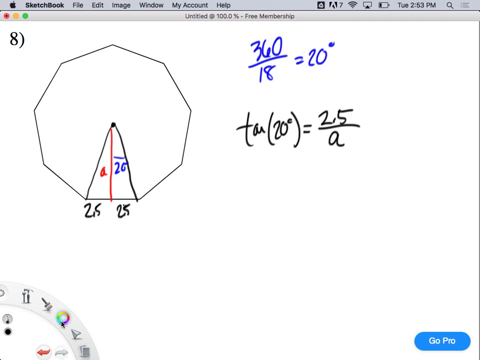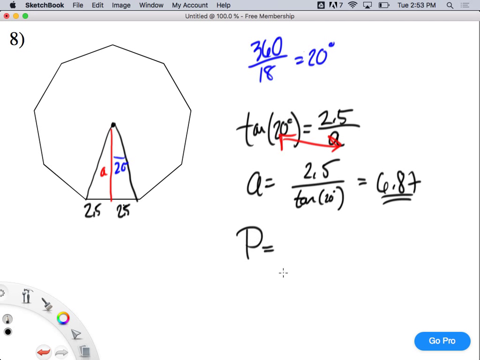Now, look. You swap the two. You get A equals 2.5 over tangent of 20. The apothem equals 2.5 divided by tangent of 20, and you get 6.87.